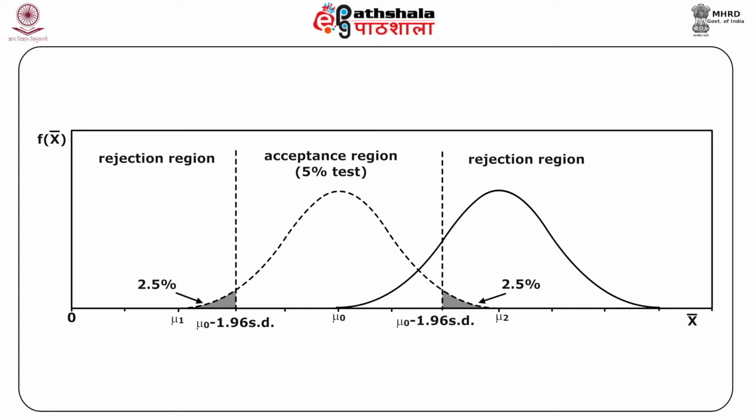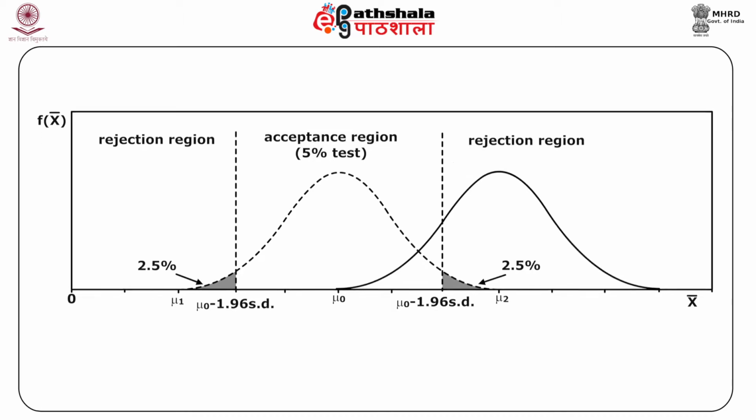And we have the different distributions of x bar. We have the rejection region on the left hand side, we have the acceptance region in the middle, and again we have the rejection region on the right hand side. So we have the upper tail, we have the lower tail, and these two tail areas separately are equal to 2.5%. Combined together it is 5%.